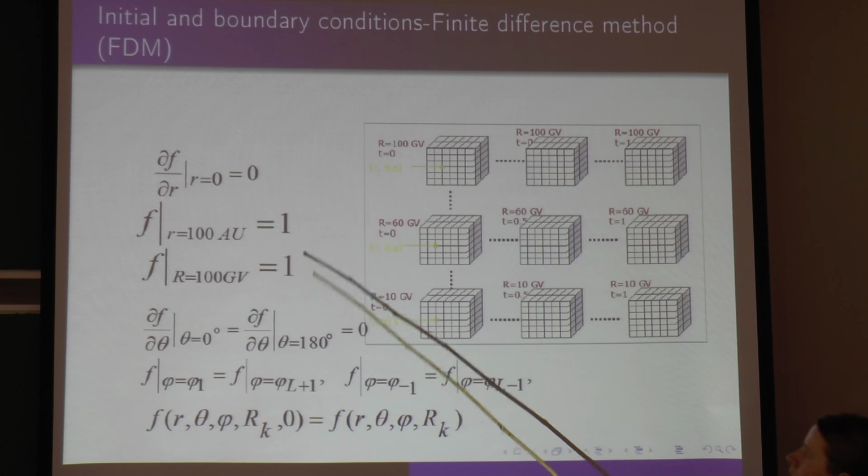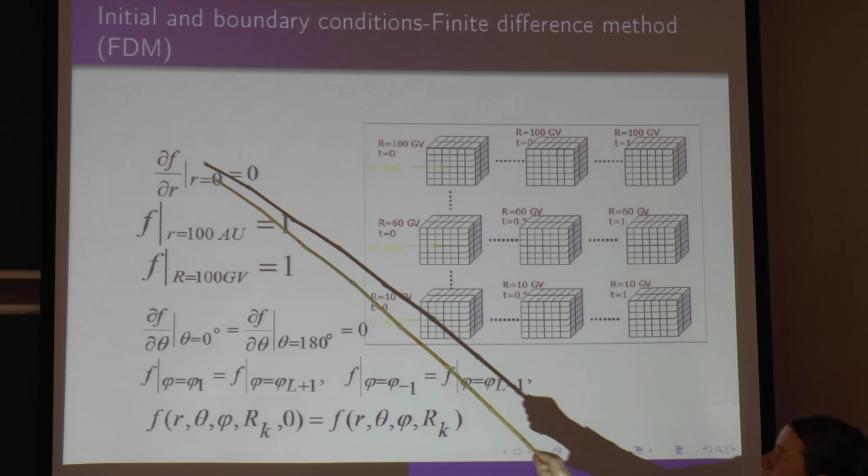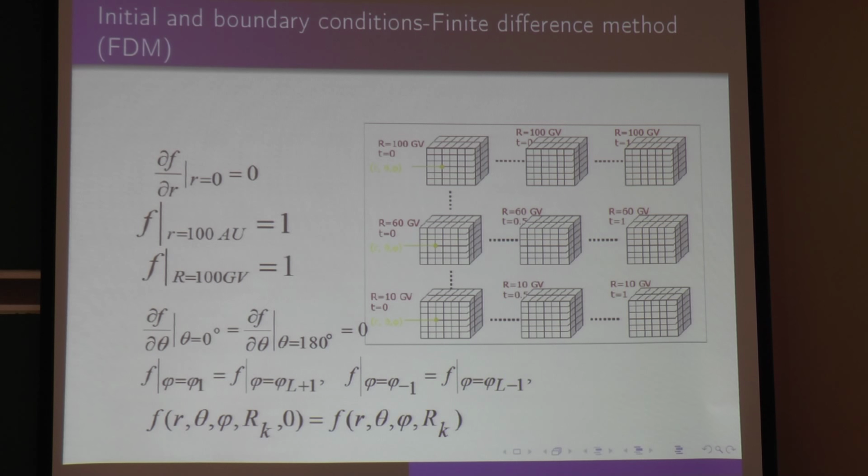And we assume a reflecting inner boundary, so we assume that the differential intensity does not change near the sun. And we also assume periodic character versus heliolatitude and heliolongitude.